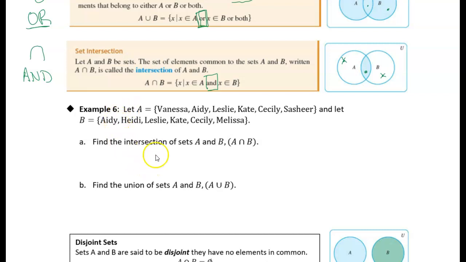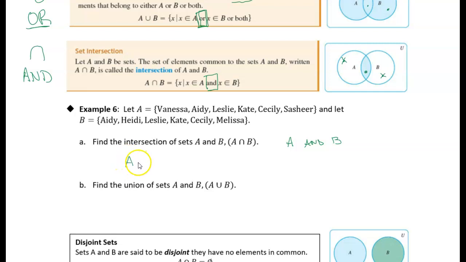So if we want to find the intersection of A and B, remember, to be part of the intersection, you have to be part of both A and B. You can always read intersection as "and." So we can go through the list and see which elements are part of both sets. Vanessa is part of A, but she's not part of B, so she's not part of our set.